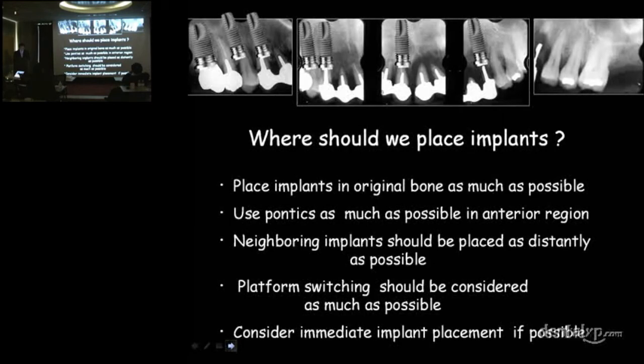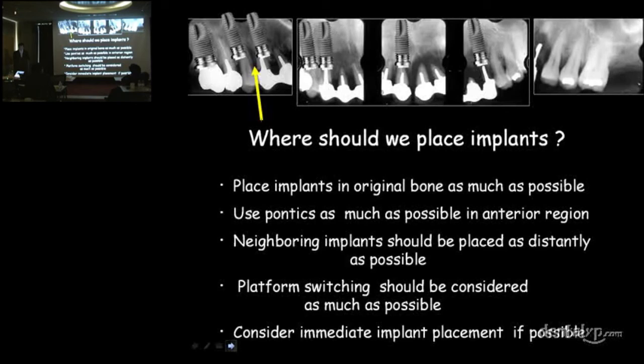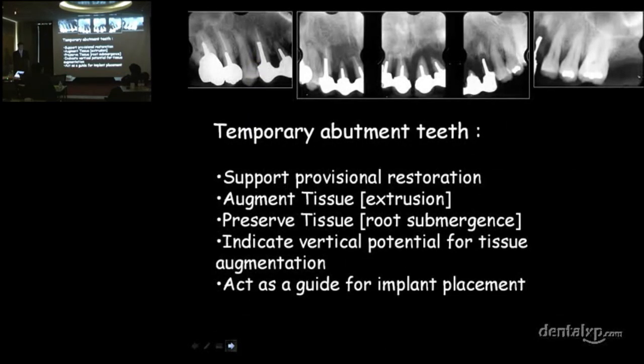This yellow arrow shows class 1 IHB for a planned inter-implant papilla. I had to preserve this bone peak as much as possible. We have to maintain tooth function and aesthetics during the treatment period, which can last for years.